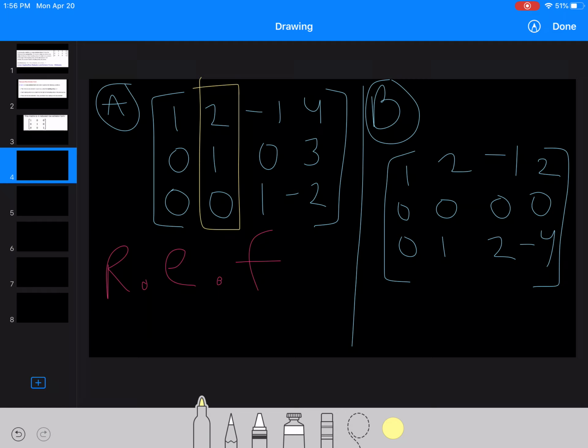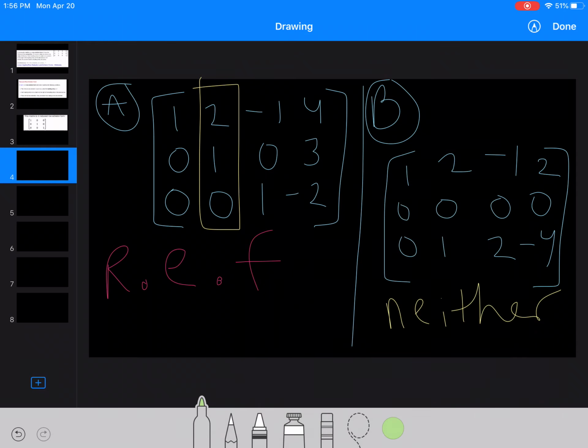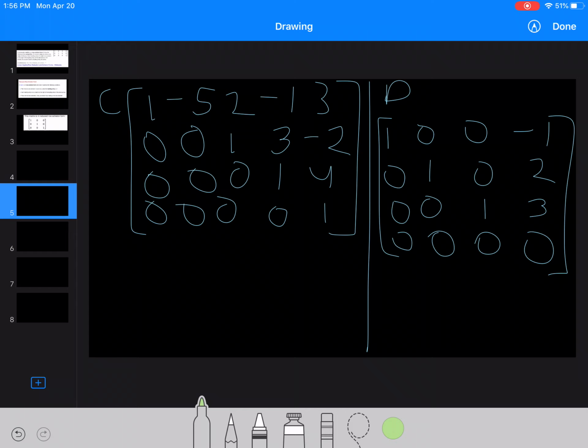For B, it's neither, because if you look at the definition, this has to be on the bottom. If it's a 0 row, it has to be on the bottom row. So that's not row echelon form or reduced row echelon form. Let's look at the next one.